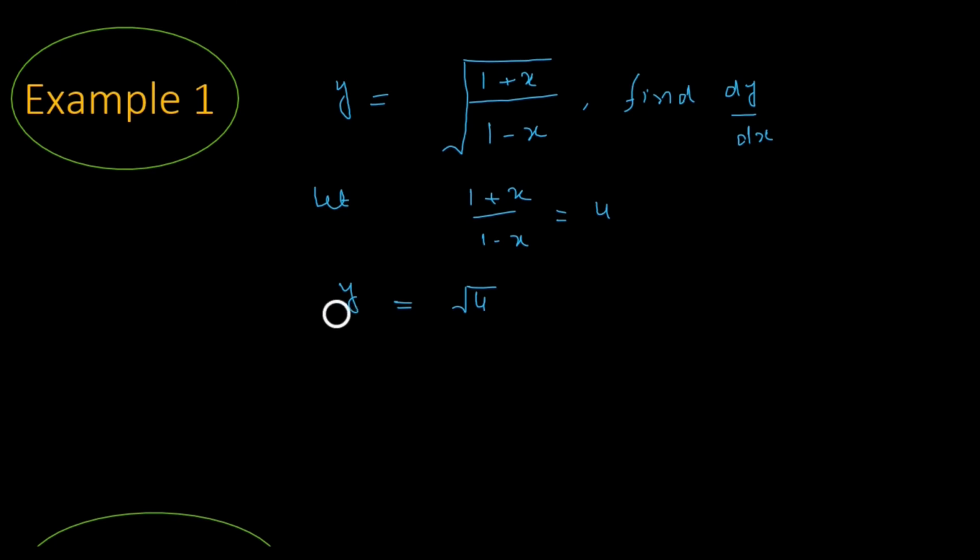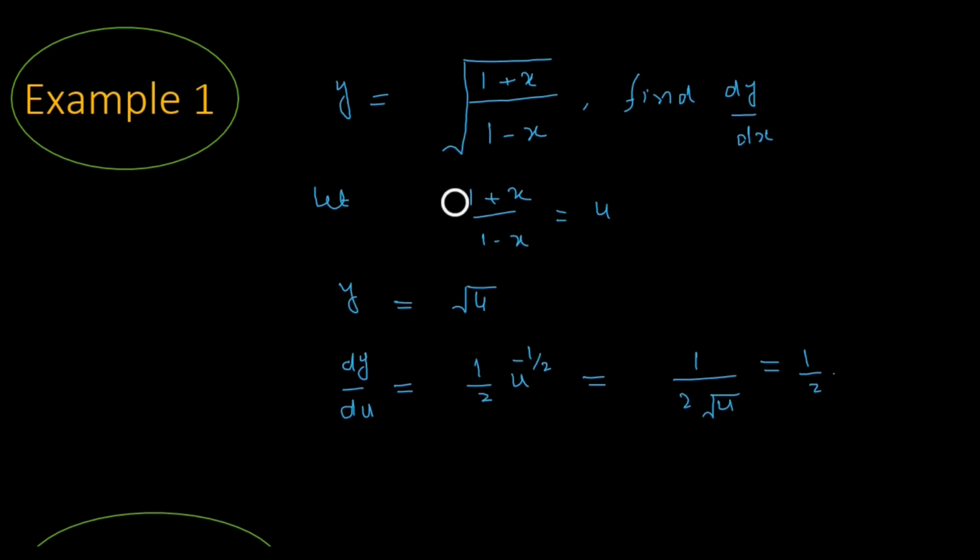When we take the derivative of this, dy by du will be equal to 1 over 2 and u to the power minus 1 by 2. One by two minus 1 is equal to minus 1 by 2, and this can be written as 1 over 2 and the square root of u.